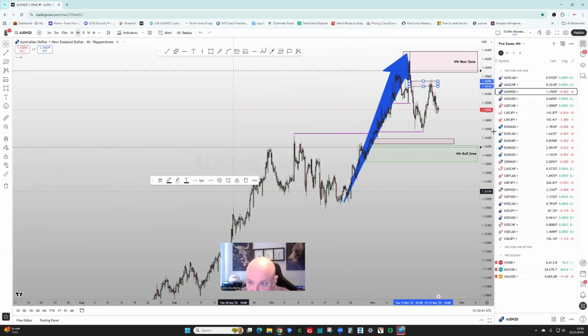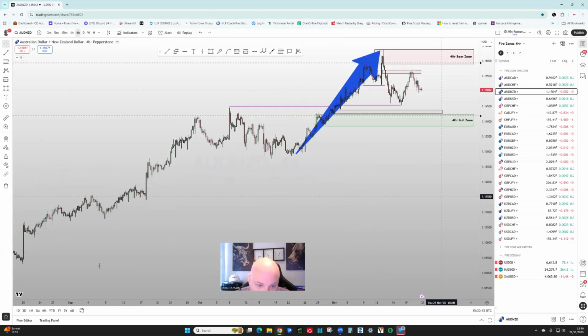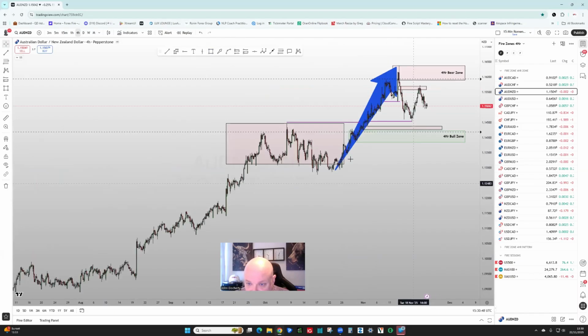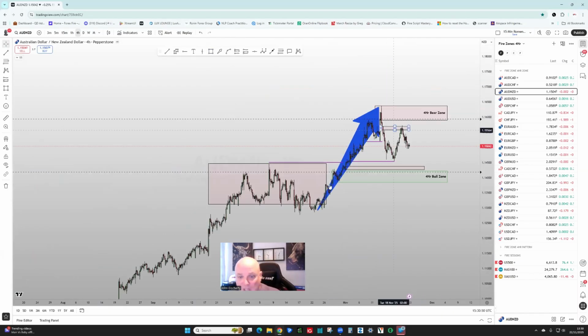Overall, you can see the bigger picture, okay? Higher highs, higher lows. We consolidated along here for a while, and then we've tried to do another drive. So as we've tried to do another drive up to the buy side, we're sort of stuck in between the range of where I framed up.